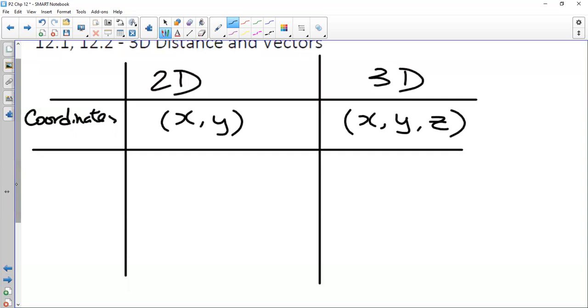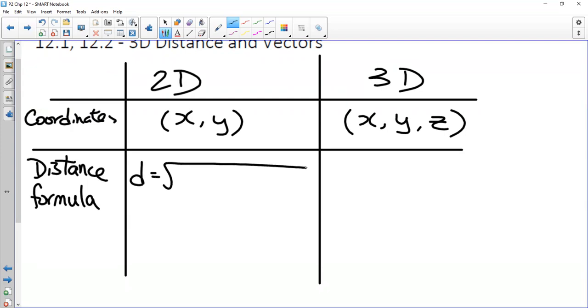Next, distance. So we've learned how to find the distance between 2 points in 2D. Does anyone remember the formula? The square root of, yep, so it could be x1 minus x2 squared plus y1 minus y2 squared.